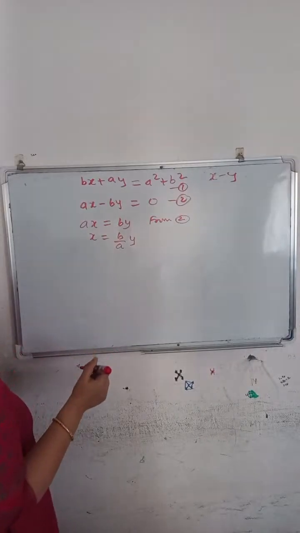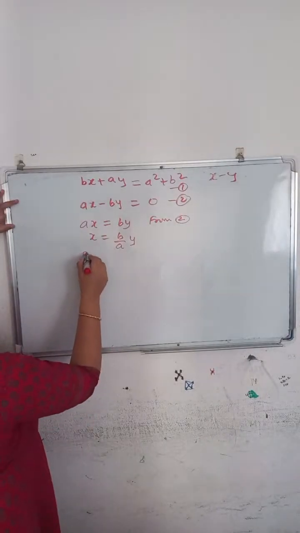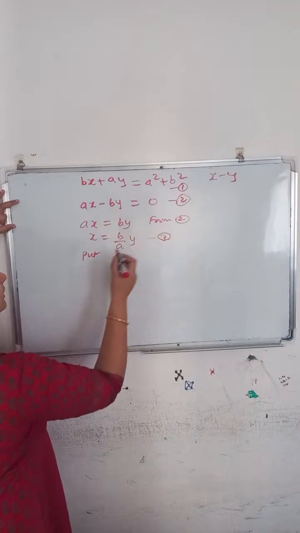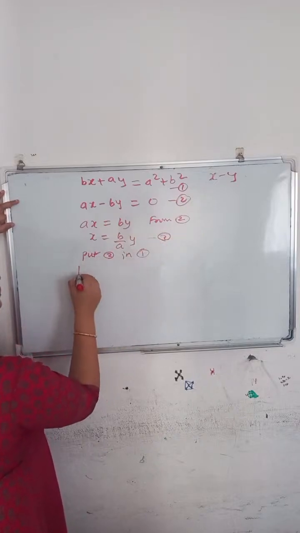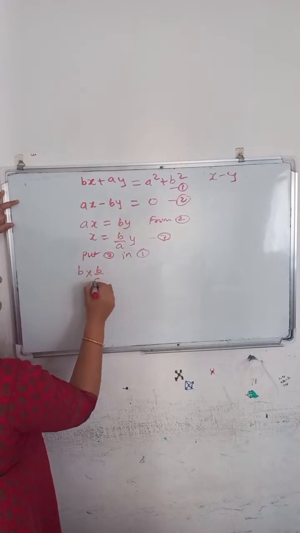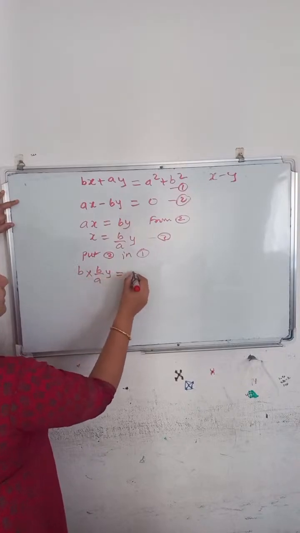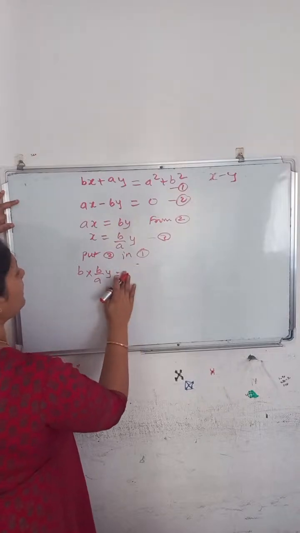Substitute this x value in 1. Put 3 in 1. So bx is nothing but b by a into y is equal to b by a.